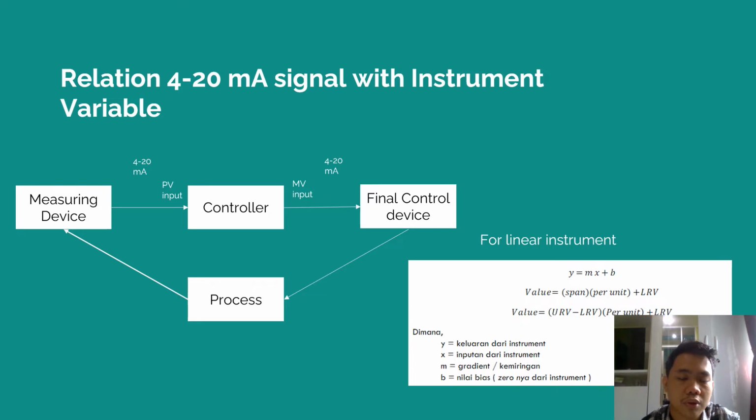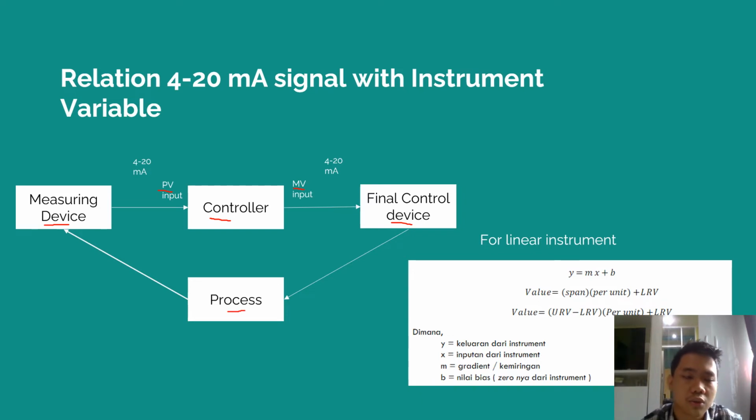One represents the process variable, as you can see as PV, and the other signal represents the output signal from the controller, commonly known as MV or manipulated variable. And then we have a measuring device, the sensor, and then we have the controller, and then we have the final control device such as an actuator or control valve, and then the process.